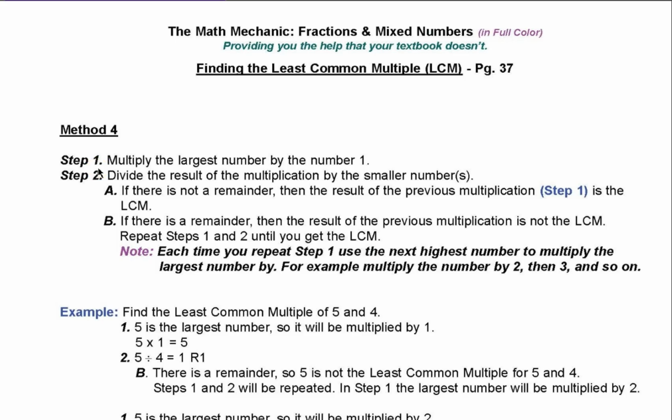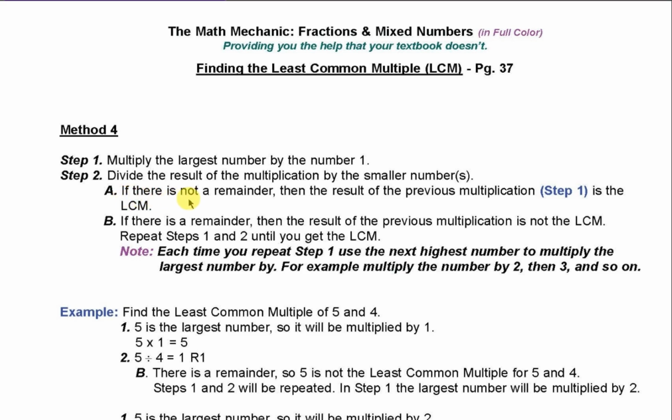Step 1. Multiply the largest number by the number 1. Step 2. Divide the result of the multiplication by the smaller number or numbers. Step 2A.